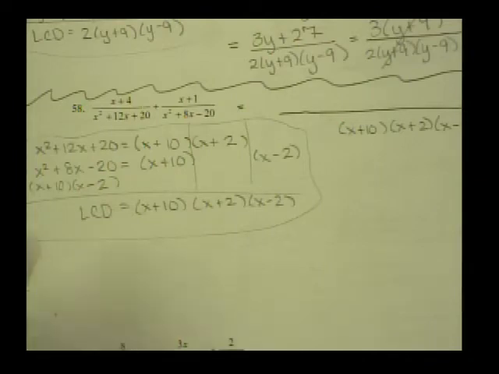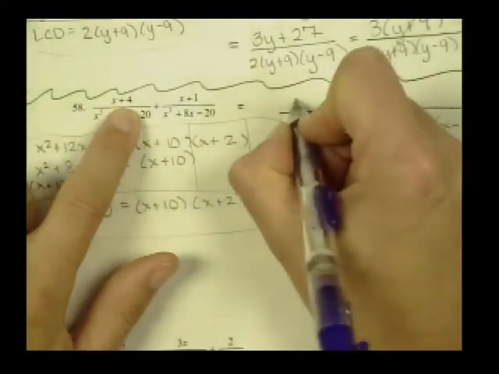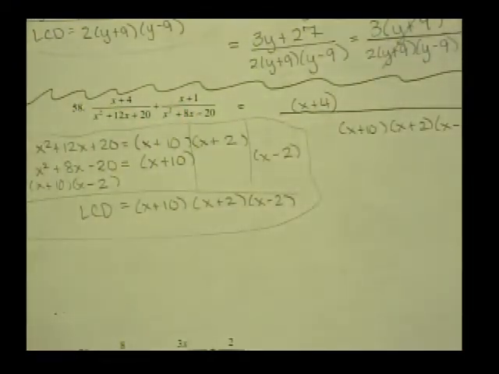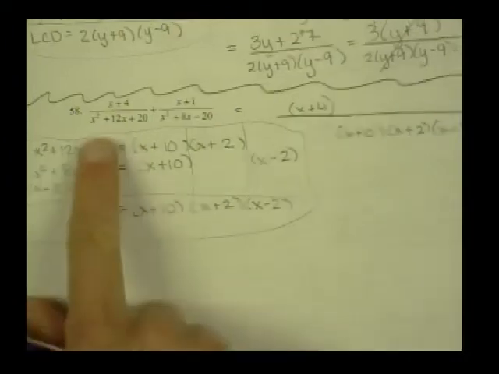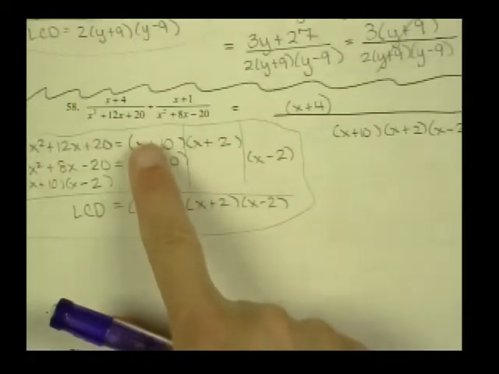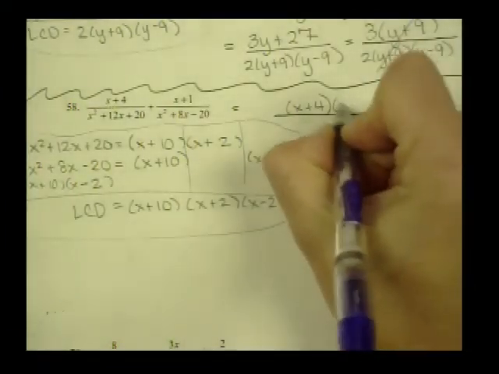If we do, we have to multiply the whole x plus 4 by it. So in case I do, I'm going to put it in parentheses. So when it started out, it was over x squared plus 12x plus 20, which factored as x plus 10 times x plus 2. So do we need to multiply top and bottom by anything? Yeah, x minus 2.